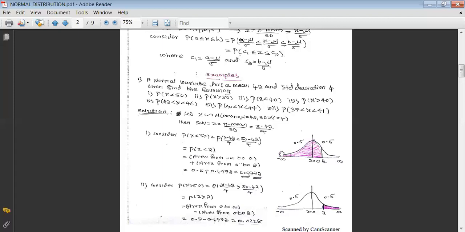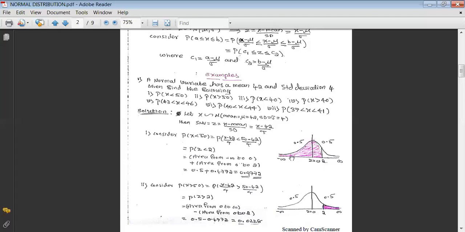Now let us draw the standard normal curve for this, and 2 is positive, so somewhere on the right side of 0 you can mark that. We want the area. When you are dealing with a continuous variable, probability is referred to as area, and we want the area where z is less than 2. Less than 2 means below 2, therefore you have to mark the entire area below 2.